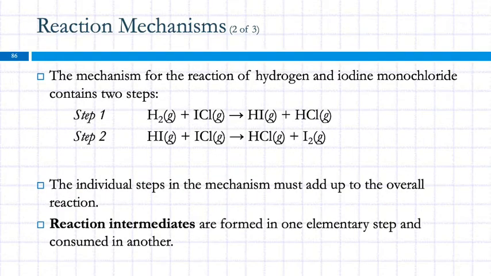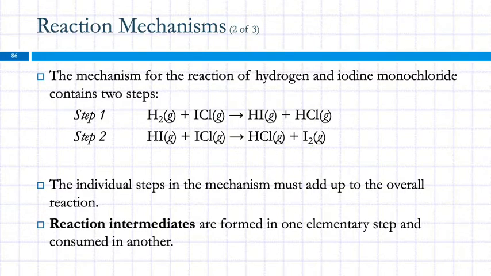So for this one, in the first step, hydrogen collides with ICl, and it'll make an HI and an HCl. So this is one of the products. That's fine. It's stable. It's just going to go off and do whatever it does. This HI is going to collide with another ICl, and this combination is going to make HCl and I2.